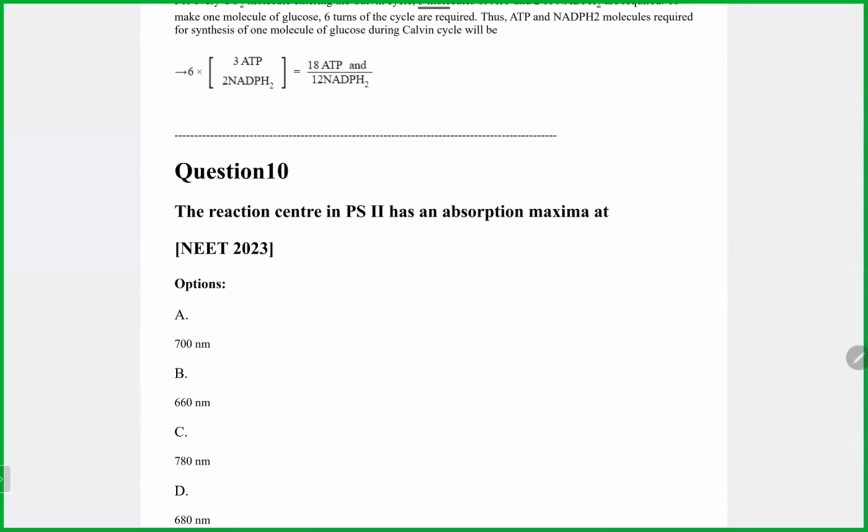Tanvi, this question. I will check your answer. Write your answer in the chat box. I will read everybody's answer. The reaction center in PS2 has absorption maxima at 680, and PS1 is 700.